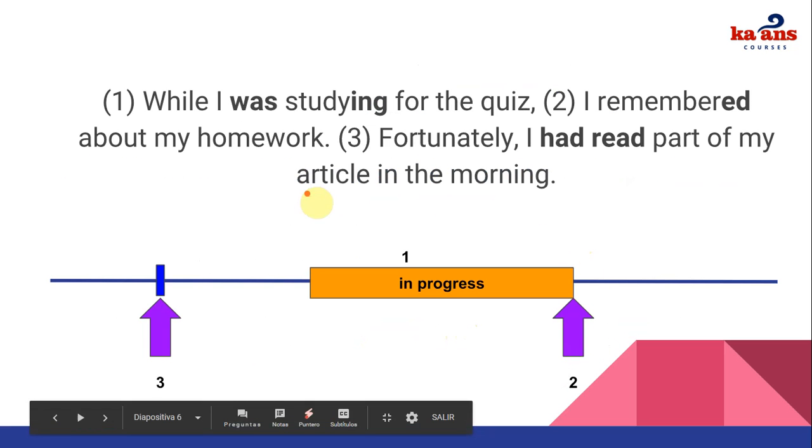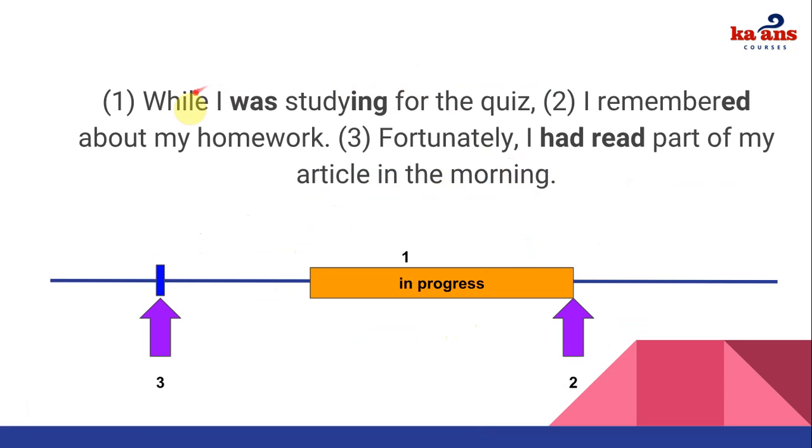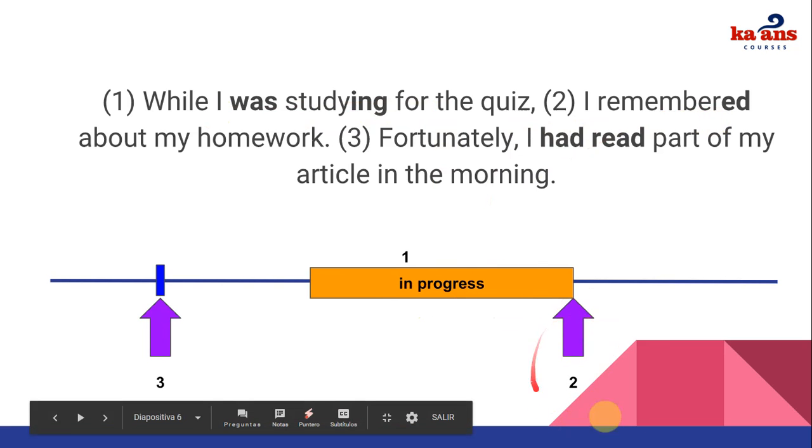Again, we have the graphic here to show what's going on in your story. Number one, while I was studying for the quiz, is the situation in action, the situation in progress. Number two says that you remembered about your homework. So you were studying and then you thought, oh my God, my homework. This is the situation that interrupted the action.